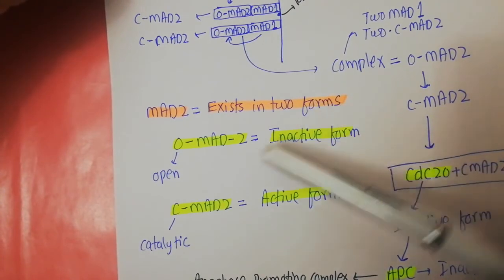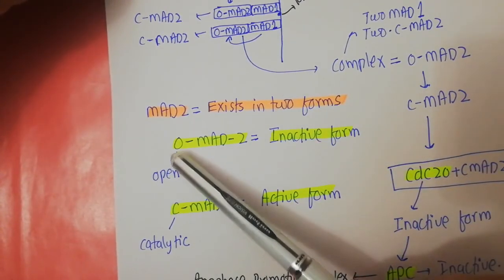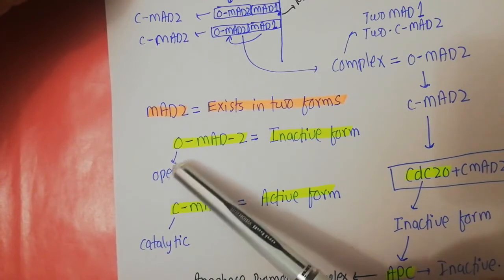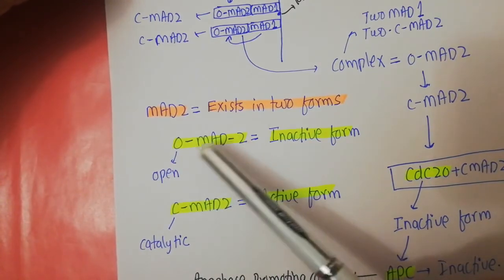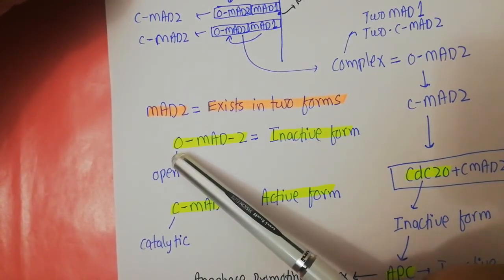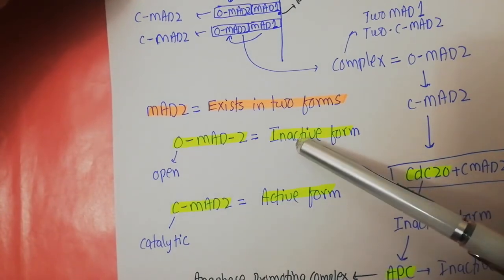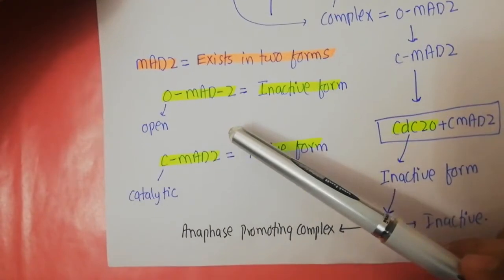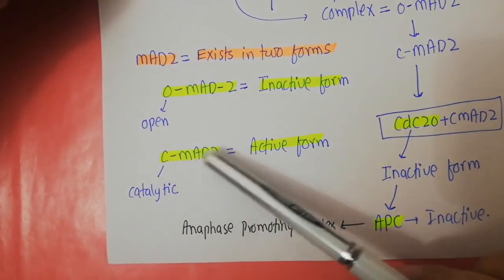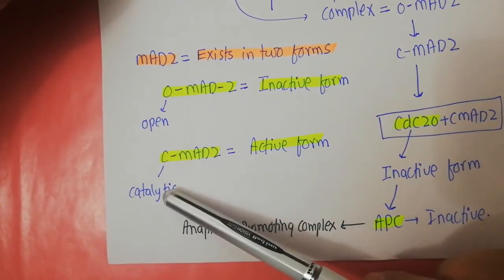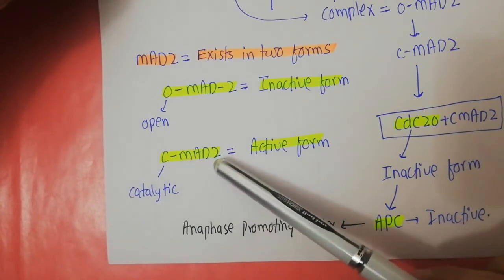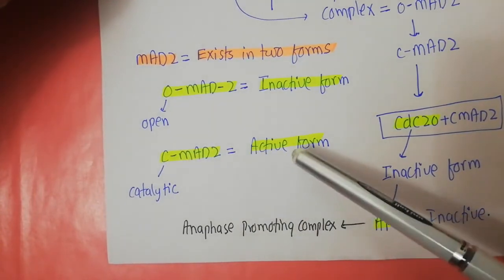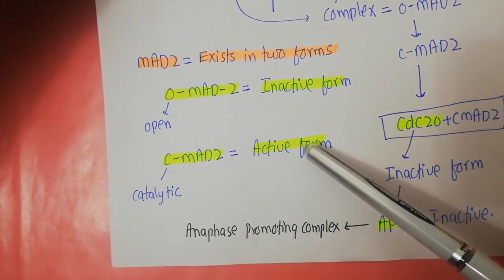Its first form is known as the O form, O for the open form. So when the MAD2 is in the open form, or the O form, it is inactive in nature. The same O-MAD2, when it is converted into the C-MAD2, the C is for catalytic, this C-MAD2 form of this particular protein is the active form of this protein.